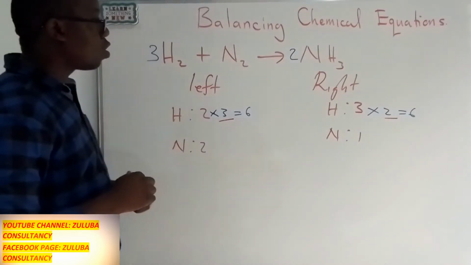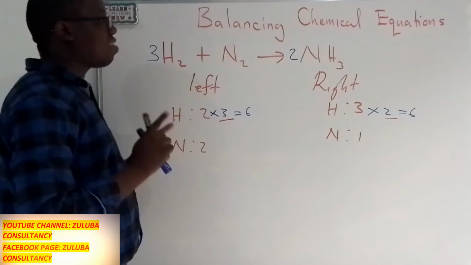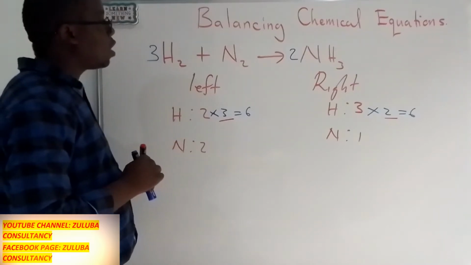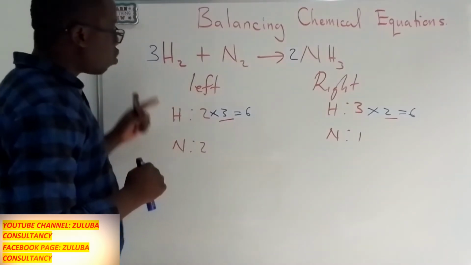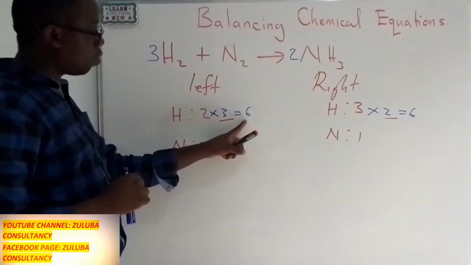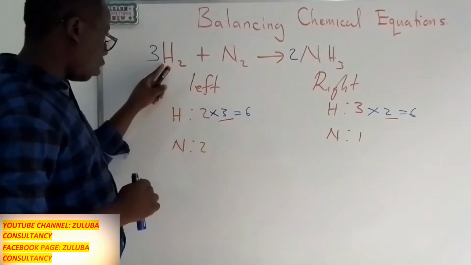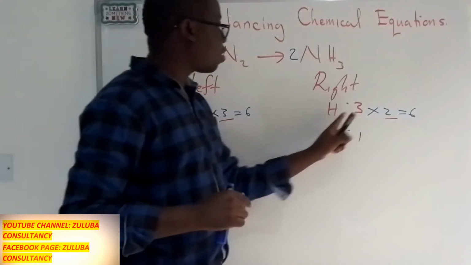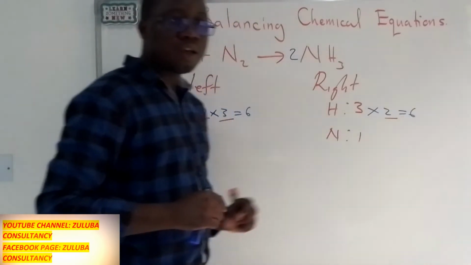Once you do this, you look at what this introduction has resulted into. You will notice that for hydrogen, it has resulted in us having 6 hydrogens on the left side and 6 hydrogens on the right side.